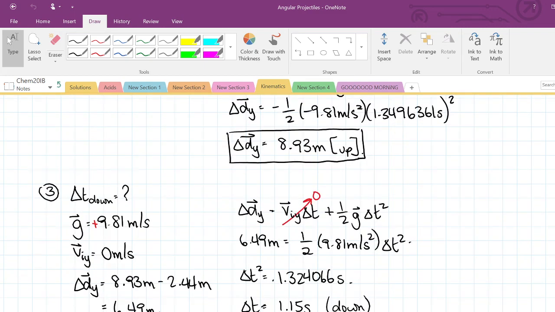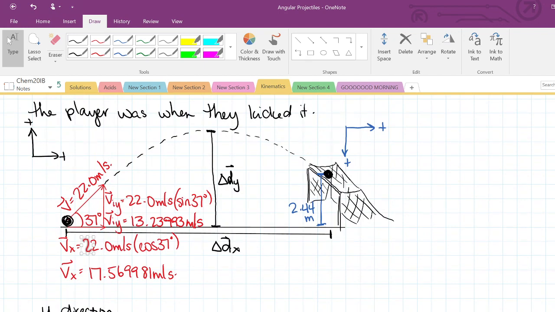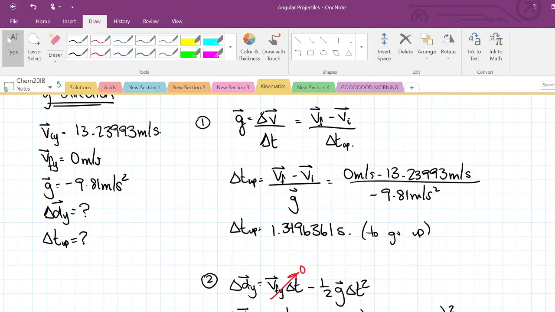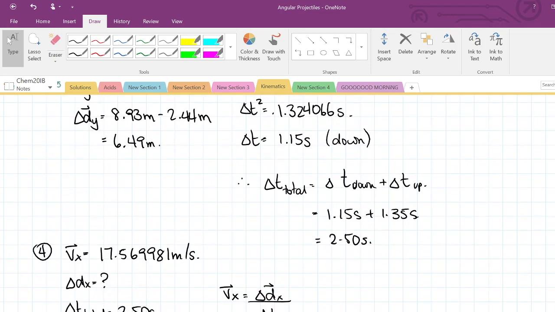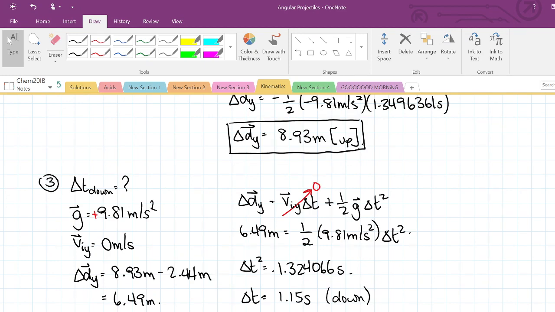So to figure out my time down, I know that gravity is 9.81 meters per second squared. I've said that down is positive, so this is positive 9.81 meters per second squared. I know that when the ball initially starts its downward path, the velocity is going to be 0 meters per second in the y direction. So v initial y is 0 meters per second.